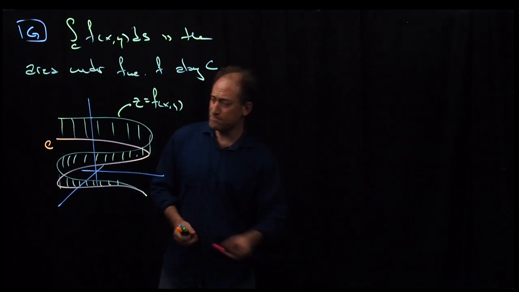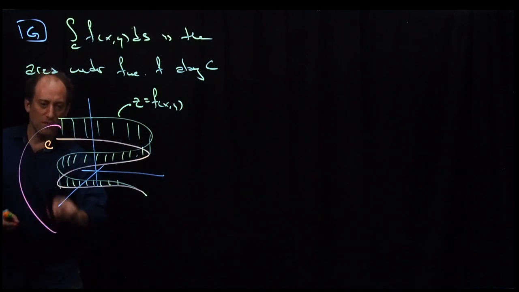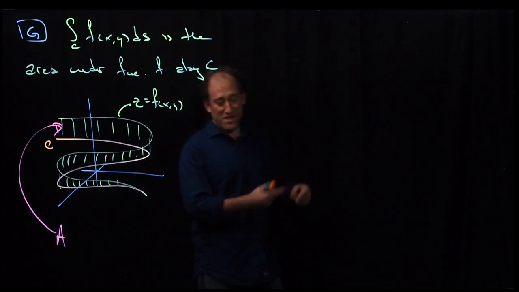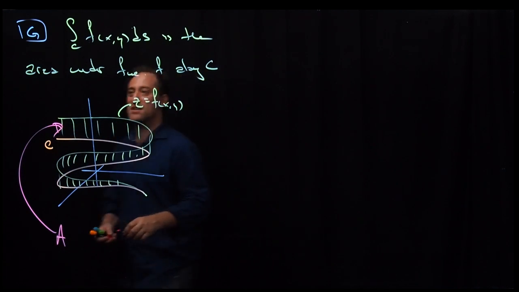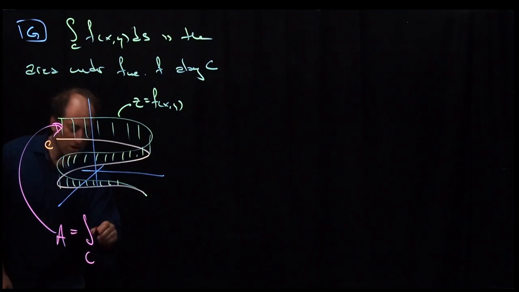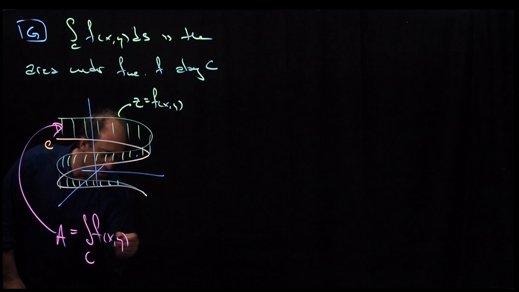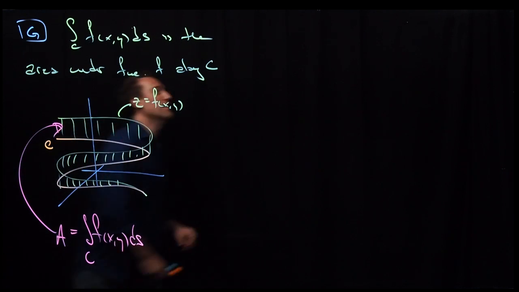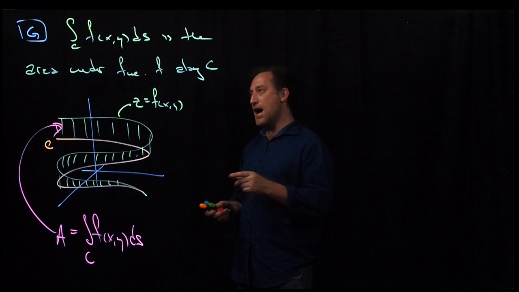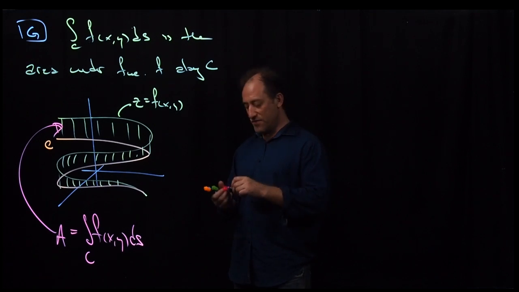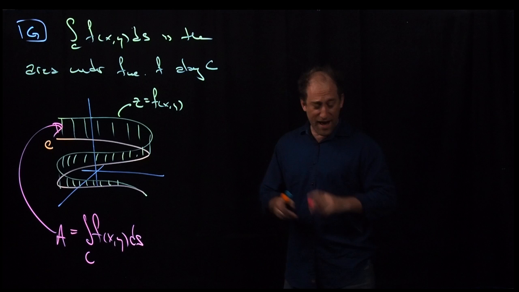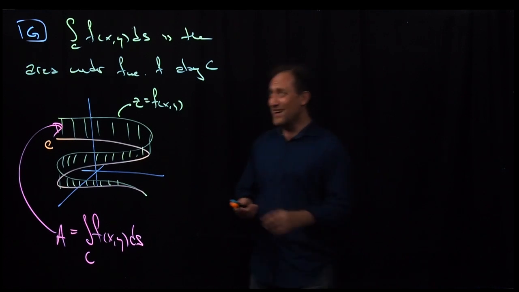Namely, the area technically of one side of the fence, you don't want to count it twice, is going to be the integral along C of f of xy ds. This turns out actually not to be entirely unfamiliar. It's actually a generalization of something we've had for a long time.